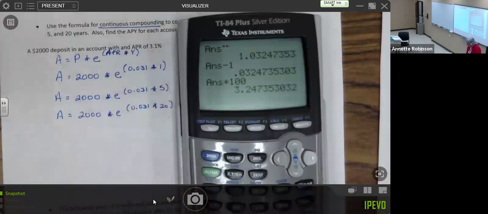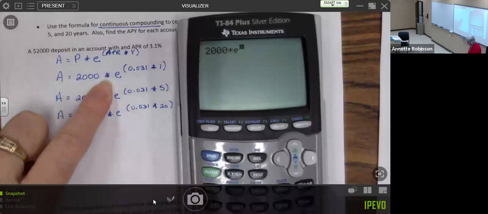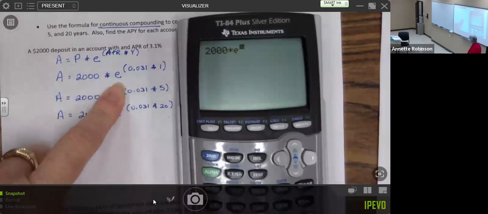Okay, so turn on my calculator and clear off my screen. I'll put in 2000. I'm going to say times, and I'm going to hit second and LN and put my E there. So I went 2000 times second LN, put my E on.